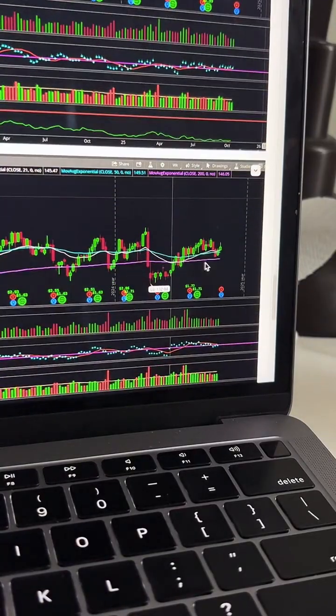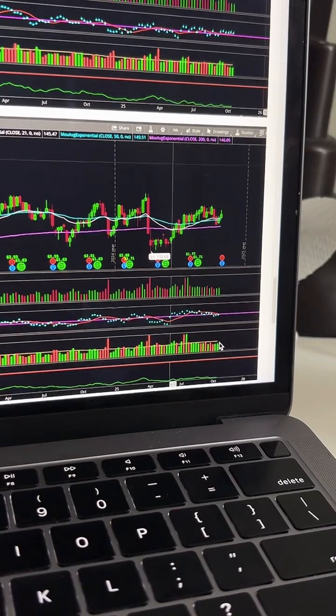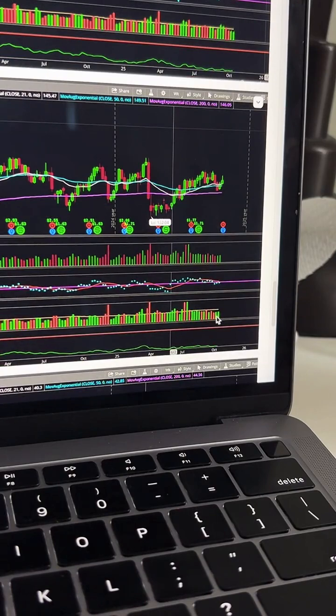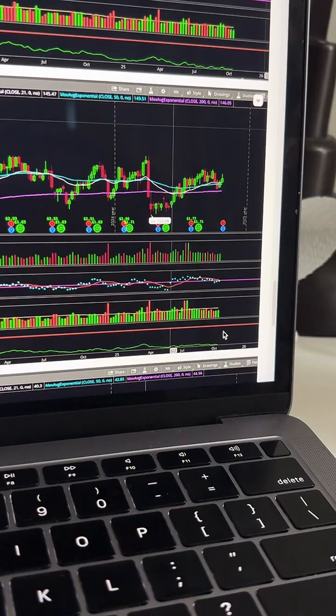Same thing with CVX: tangled, momentum is under so momentum is falling, no volume, and relative strength is low. That shows there are multiple stocks within the energy sector doing the same thing, suggesting choppy indecision. I wouldn't even say a downtrend, just choppy for a lot of these oil stocks.